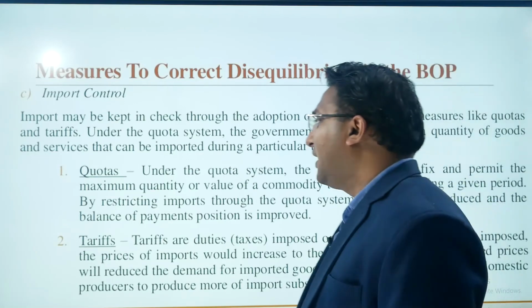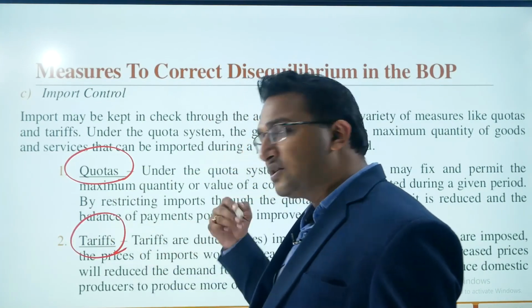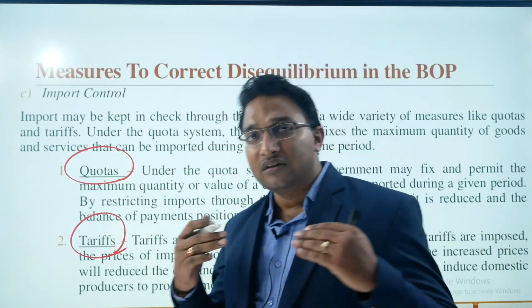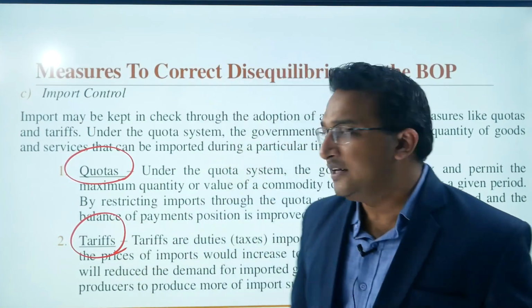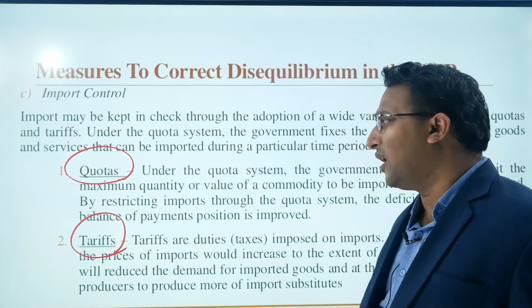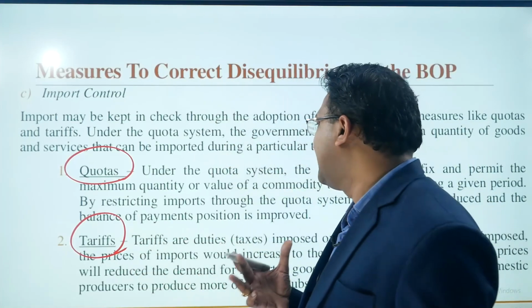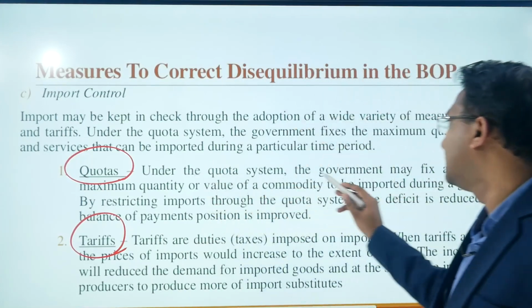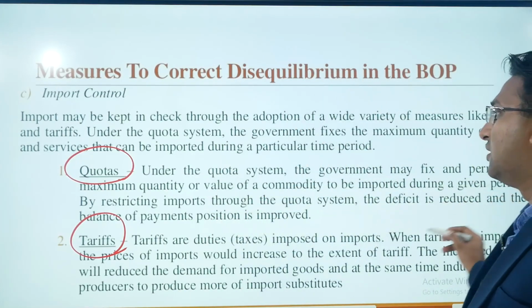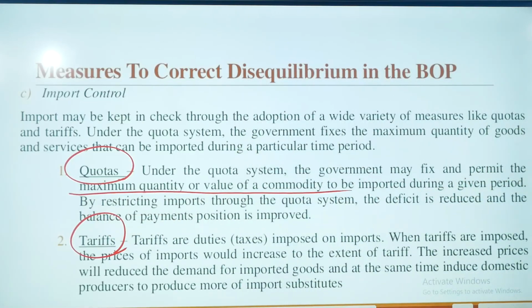For import control, there are two systems possible. One is the quota system, another is the tariff system. Please understand these systems. These are some of the unique concepts which I have not discussed so far, so please be careful. Quota basically represents some quantitative limitation. Under the quota system, the government may fix and permit the maximum quantity or value of a commodity to be imported during a given period.